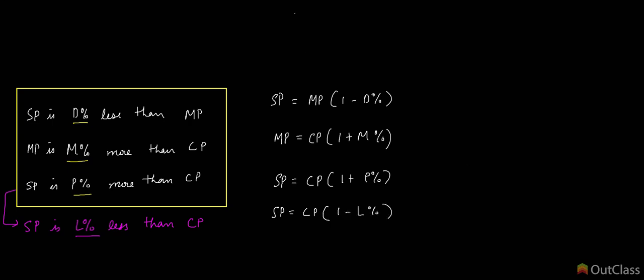Now, if you compare this with what you learned in school, it was SP is CP into 100 plus profit percent by 100. That formula is based on the convention that if you get a 20% profit, you will put 20 here. I am saying if you get a 20% profit, you should put 0.2 here.